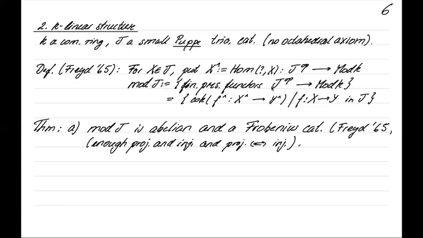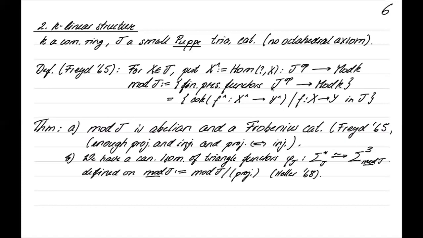And then what is less immediate, it is also a Frobenius category itself. This was shown by Freyd. It has enough injectives and enough projectives, which are just the representables, and projectives and injectives coincide.